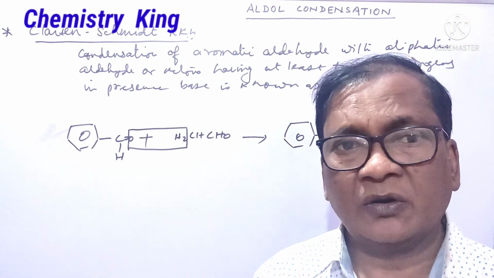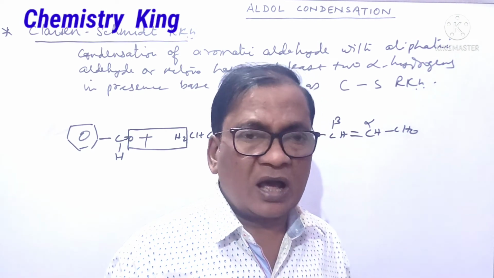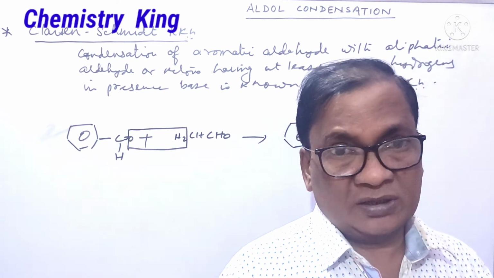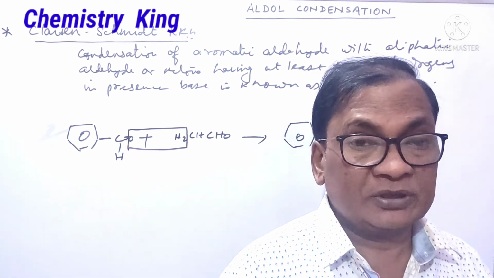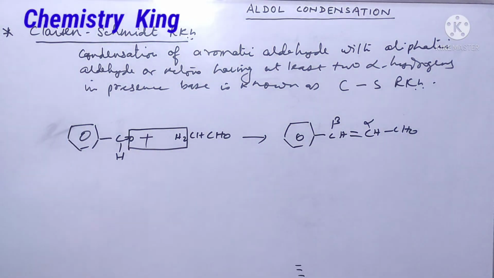And here, throughout, we are looking that a new carbon-carbon bond is formed, and that is alpha beta. And if an unsaturated bond is formed, that is also alpha beta. So the trick is alpha beta. So it is the Claisen-Schmidt reaction, or again it is cross-aldol condensation.